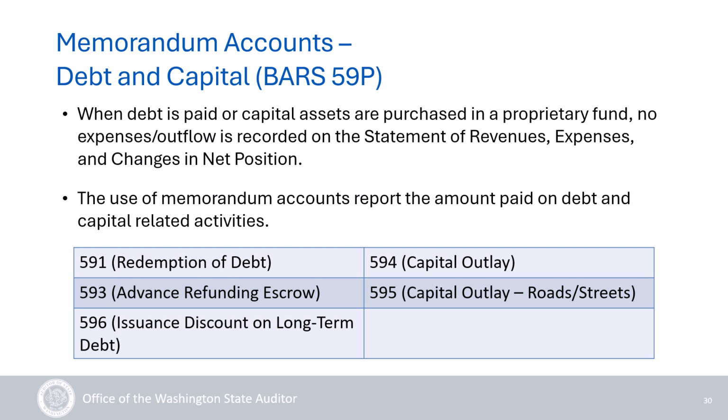As you can see, these memorandum accounts are the same ones you use to report these activities in your governmental funds. However, the difference is when they are reported in GAAP proprietary funds, the annual filing system automatically knows to omit them from the system balancing check.